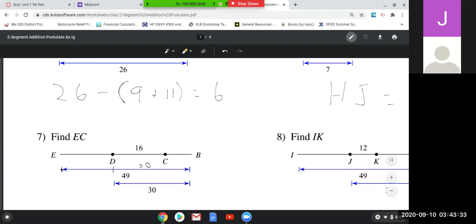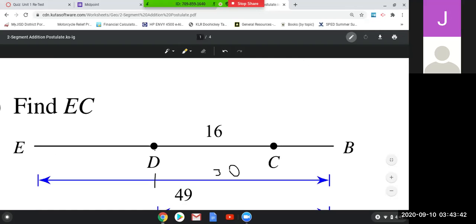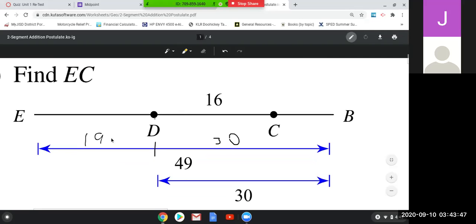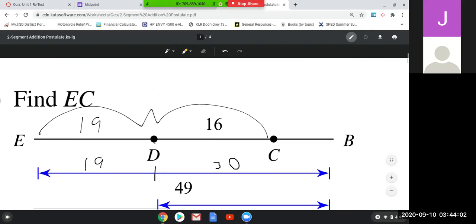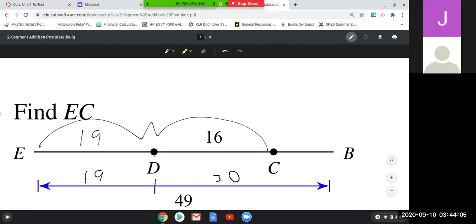Now I want to find the length from E to D. 49 minus the 30 gives me 19 right here. So now this part right here is 19. What I want to find is from E to C, so I'm only looking for that part right there. I can just add 19 plus 16, and that gives me 35. EC equals 19 plus 16, which equals 35.